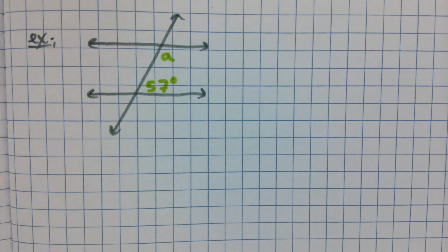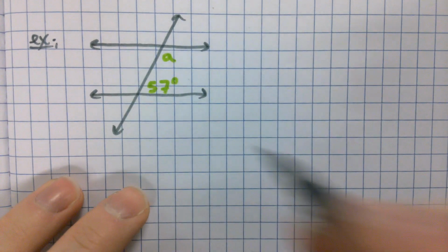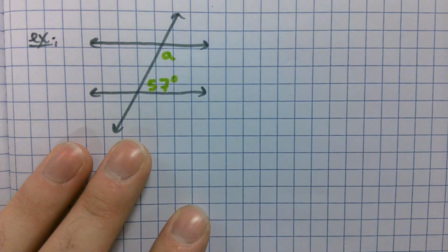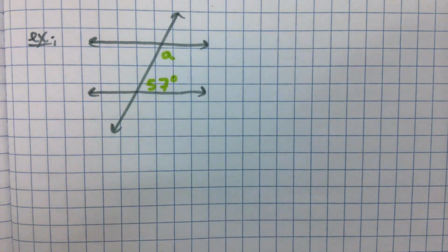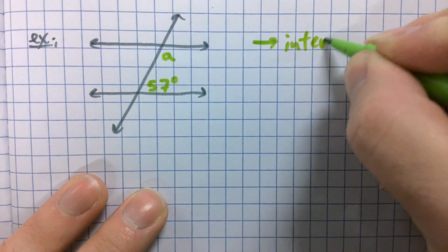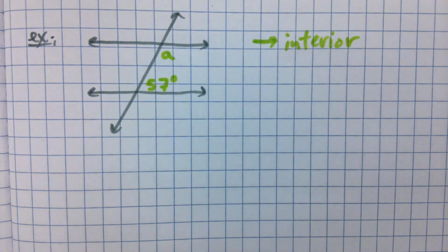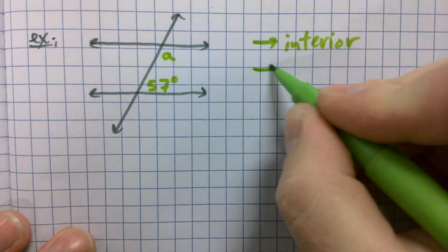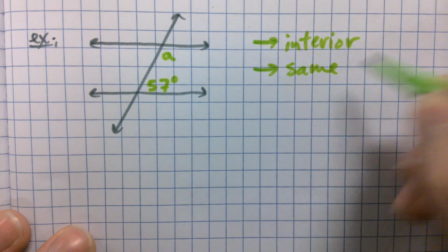Let's take a look at this one. We're going to ask ourselves the same thing. Interior or exterior here? Interior. These are interior. Are they on the same side of the transversal or are they on alternate sides? Same side. So what can we call these?